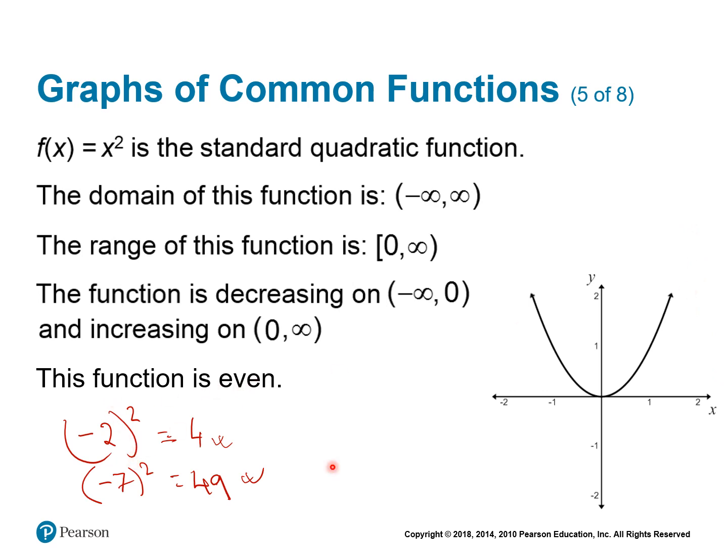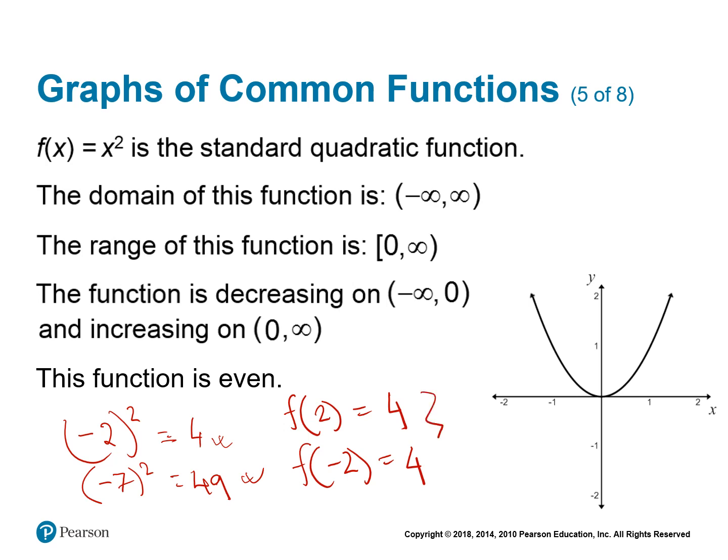And the function is even. That means if we replace the x value with its negative version, we will get back a positive value. So in other words, f of 2 is positive 4. f of negative 2 is also positive 4, right?